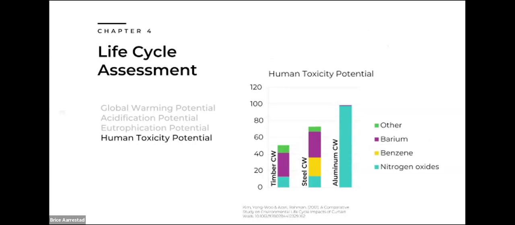The next one here, last one on this life cycle assessment, is the human toxicity potential. Finally, we see timber edge the others, but if we look at what those chemicals and processes are within each of these systems and how healthy they are, we see that timber curtain wall, again, is performing better than aluminum and better than steel.